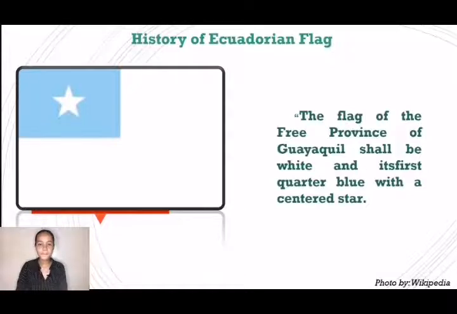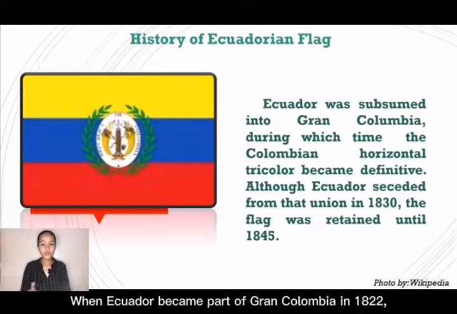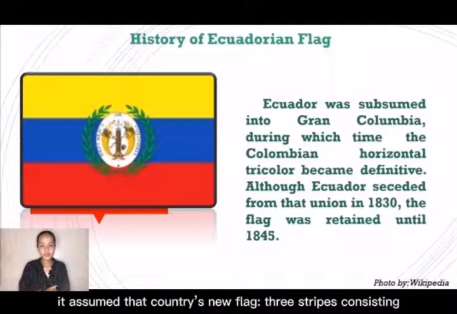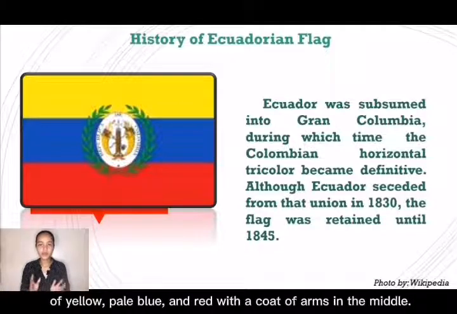So this one. When Ecuador became part of Gran Colombia in 1822, it assumed the country's new flag: 3 stripes consisting of yellow, pale blue, and red, with a coat of arms in the middle.